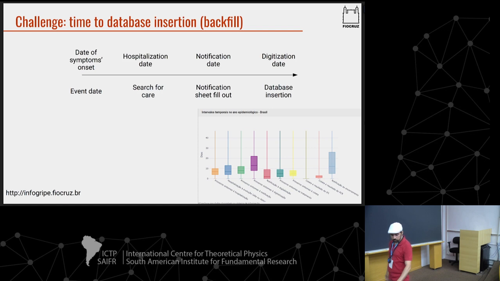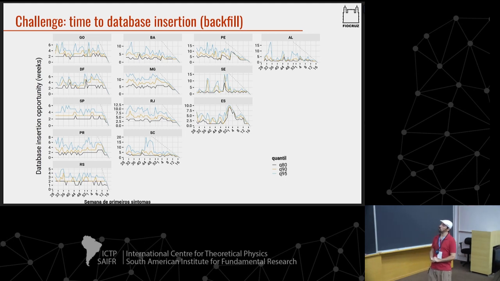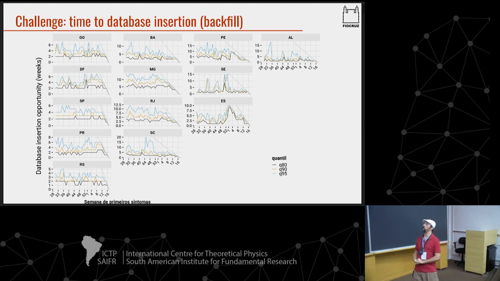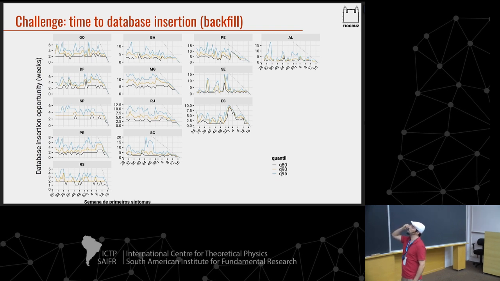And so here, this is just an example of one way of looking at the impact of that process. Again, in the case of SARI in Brazil, so severe acute respiratory infections, what we have here is just a subset of Brazilian states.